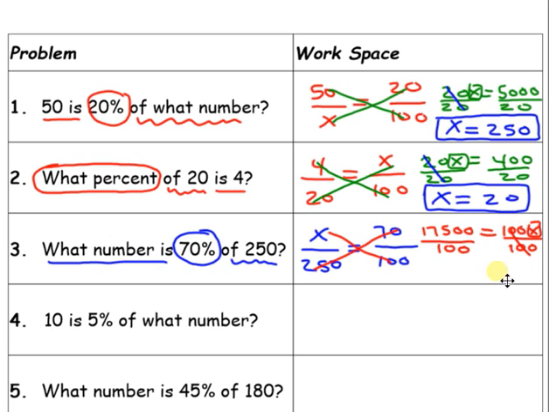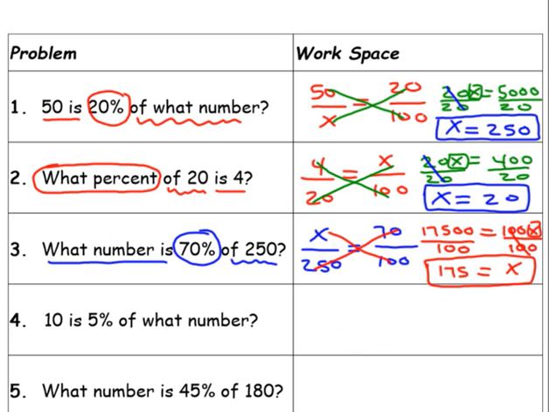These 100s will cancel out. We're left with x equals, and 17,500 divided by 100 is going to be 175. So what does that mean? Well, if your test is 250 questions, you get 175 right, you get a 70%.